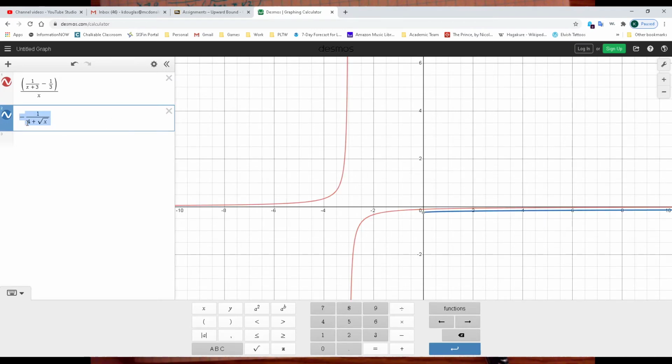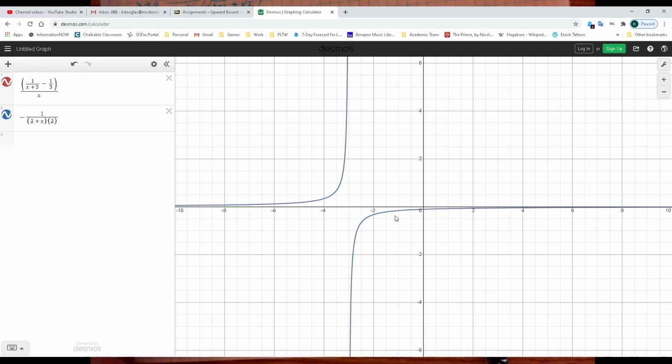That's cool, I guess. Now let's look at the one we got in return, which was negative 1 over 3 plus x times 3. Notice again, these two are exactly the same.